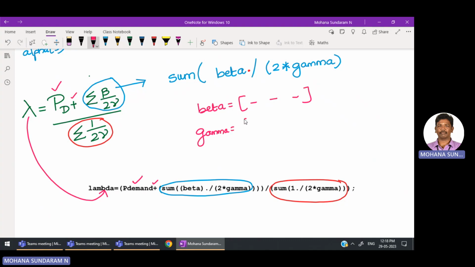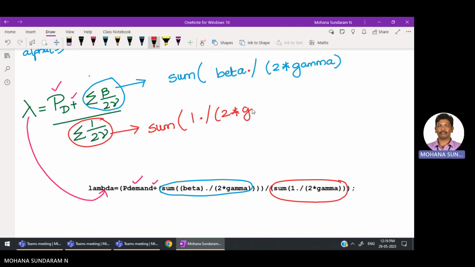That is how we have given the inputs. So each one has to be divided, and to do each individual division, I am having this dot symbol here. This is for your numerator. And for the denominator, it is summation of 1 dot slash 2 into gamma. That's all.